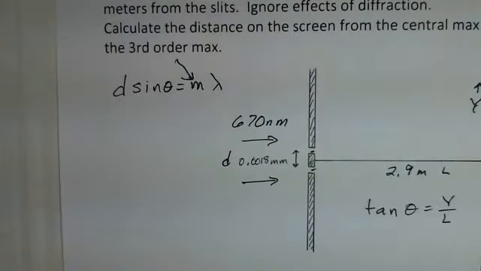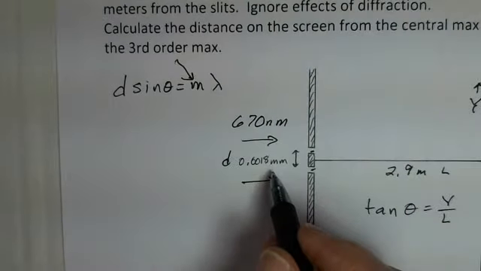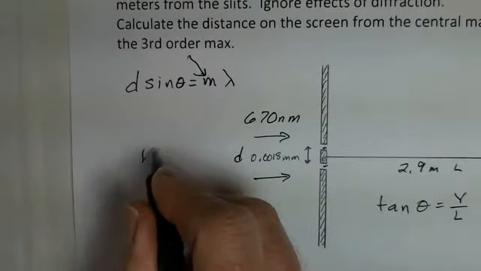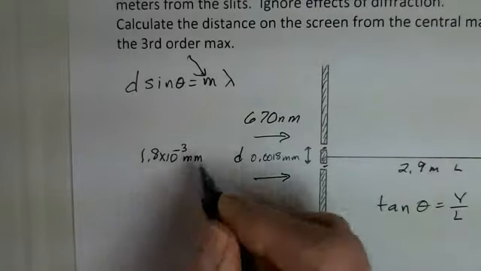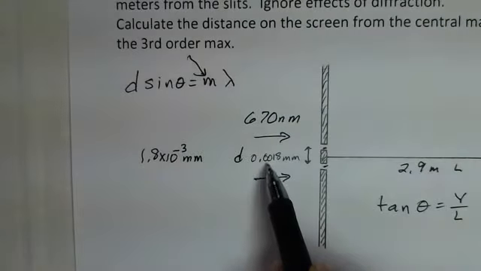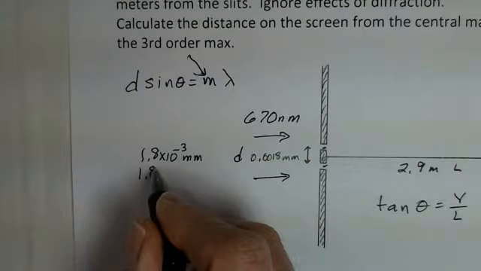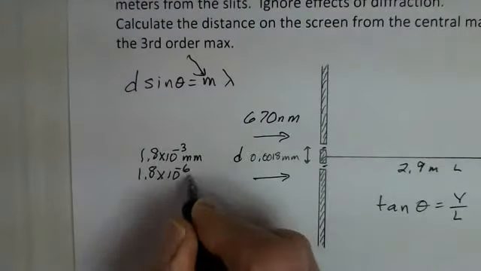So let's do that. Converting this first to millimeters in scientific notation, I would have 1.8 times 10 to the minus 3 millimeters. You see you have to shift 3 decimal places to get the 1.8. And then I'm going to write it in meters. A milli is 10 to the minus 3, so 1.8 times 10 to the minus 6 meters.